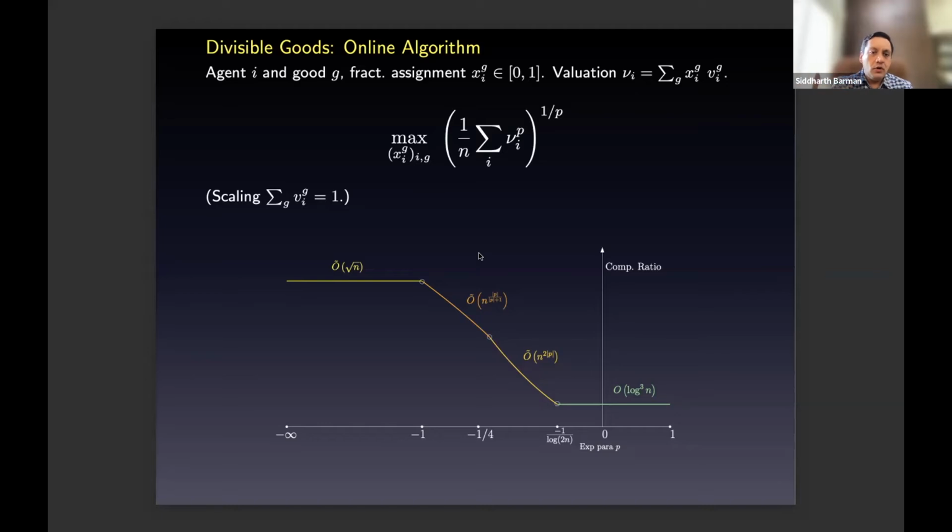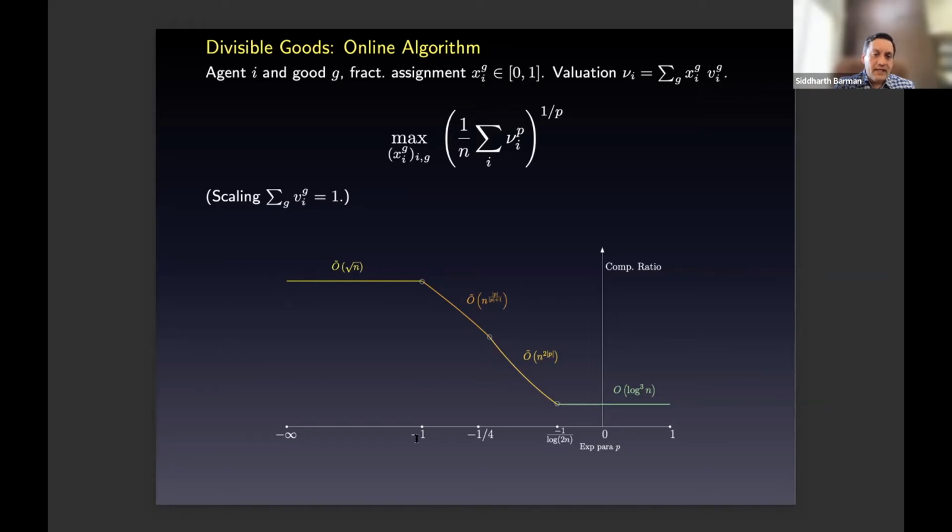So up to log factors, which are subsumed in this O tilde notation, the competitive ratio is square root n. And one can show that, up to log factors, this is tight. No online algorithm can achieve better than Omega square root n competitive ratio. So this is a tight guarantee.